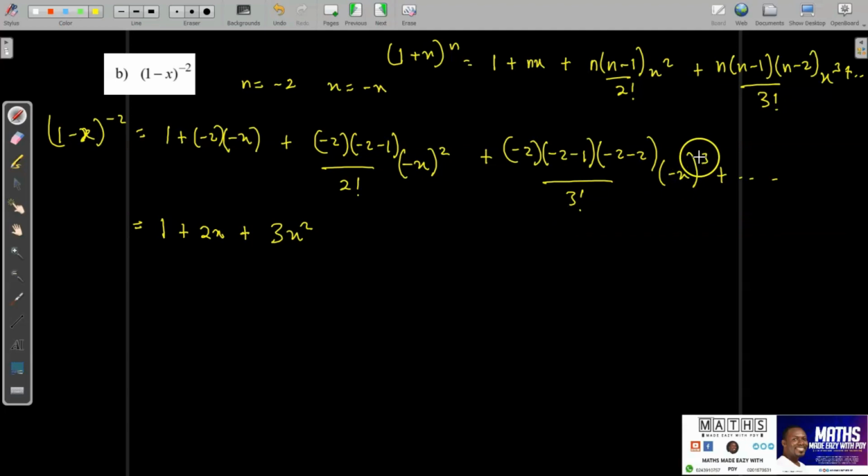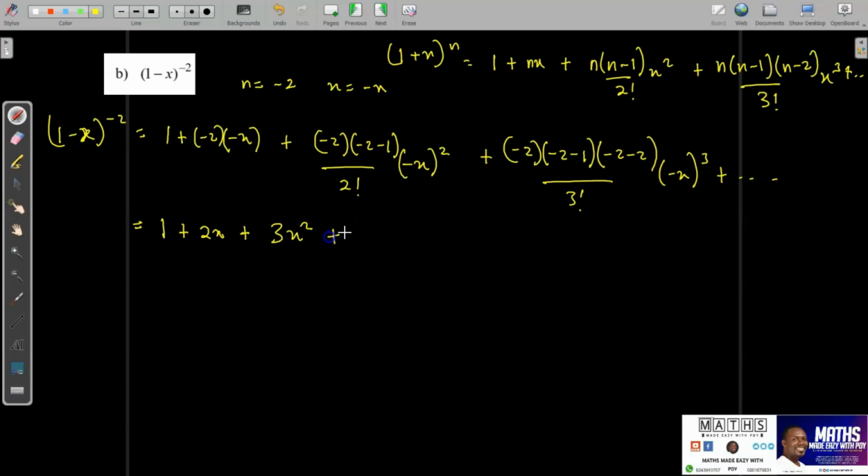But minus x all cubed will give us minus x cubed. I hope you agree to that. And the whole of this is giving us minus 4. So we have minus 4 multiplying minus x cubed. What's the final answer? 4x cubed.